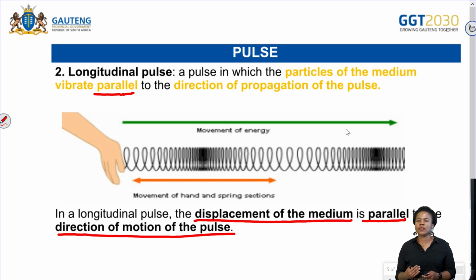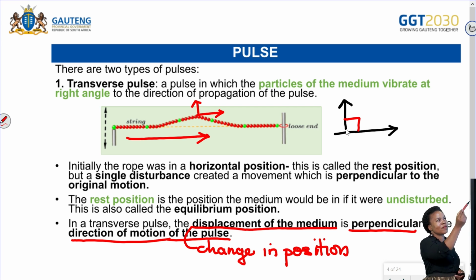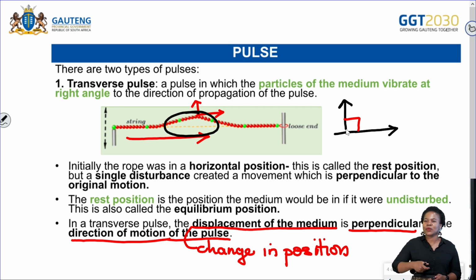On the transverse pulse, you may use, for example, a string. You just create a single disturbance. Here is our single disturbance over here. That is your pulse. But now, it causes the particles of the medium to vibrate at right angles to the propagation of the wave.